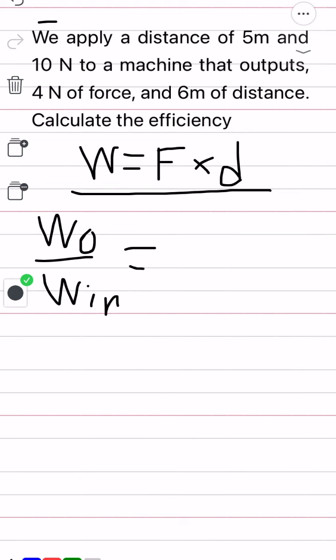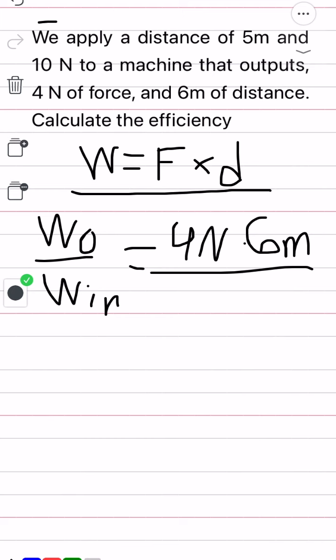The force out is 4 newtons, and the distance out is 6 meters. 4 times 6. But we put in 10 newtons and 5 meters.